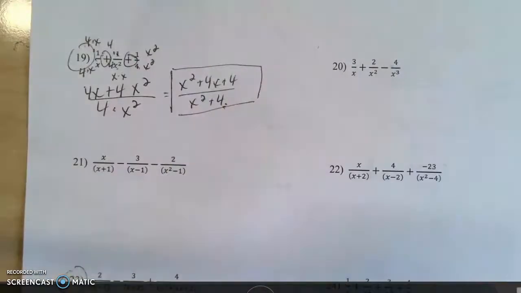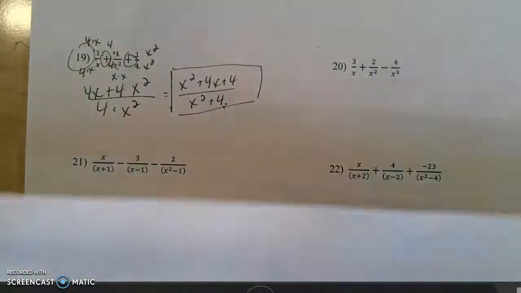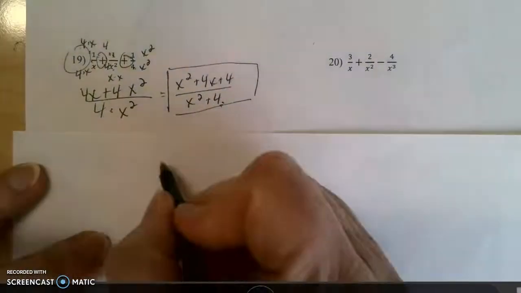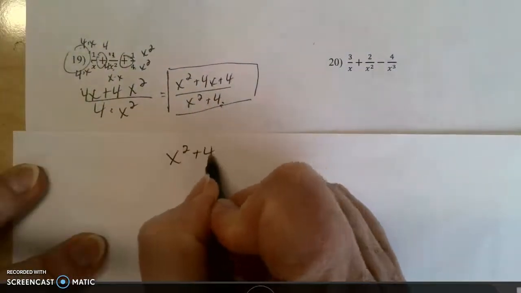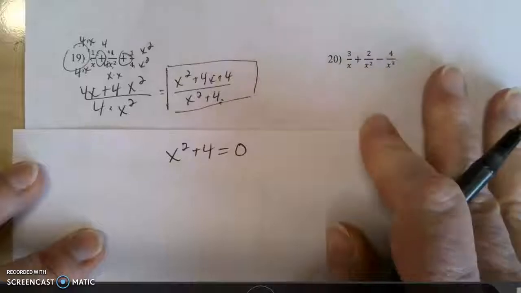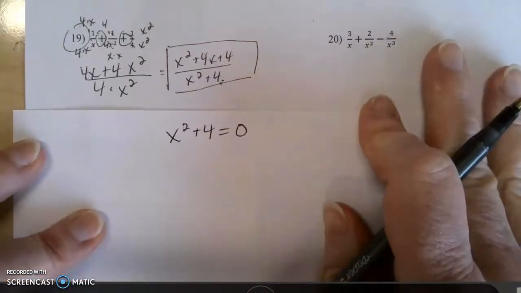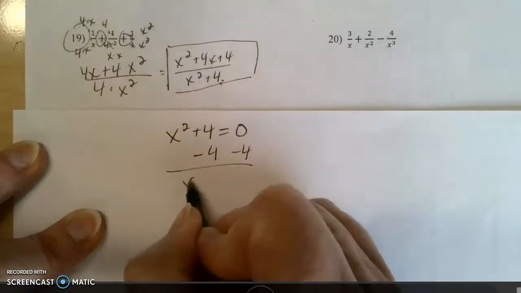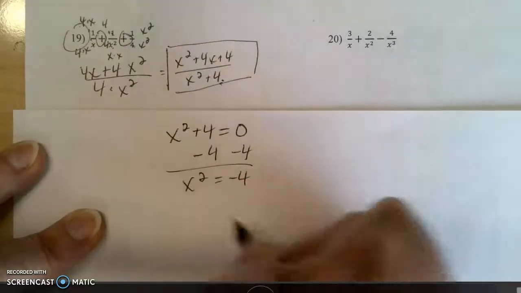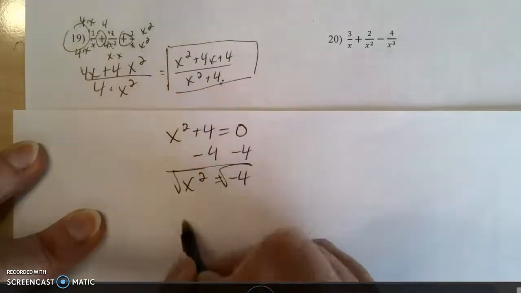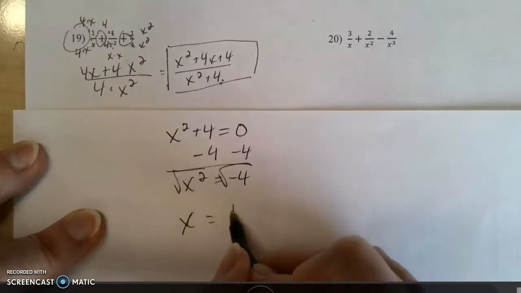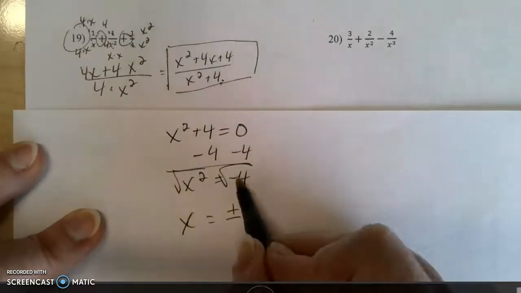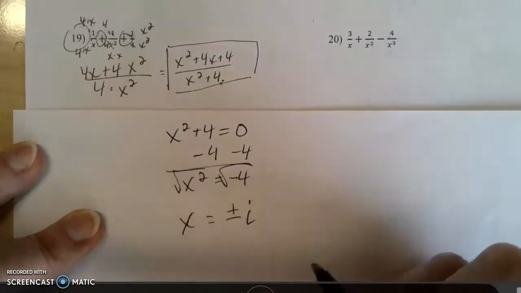Now I need excluded values. So I'm going to take my x squared plus 4 and set it equal to 0. And here's where some of us are still struggling. So I'm going to subtract 4. Square root. When I put on the square root, I put on the plus or minus. I have a negative inside, so I bring out the i.